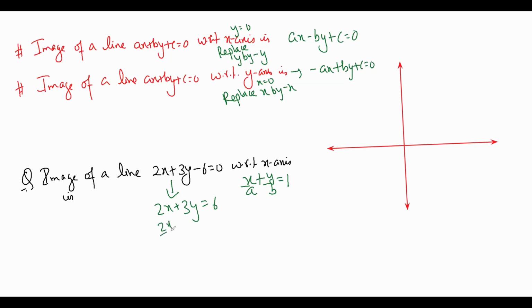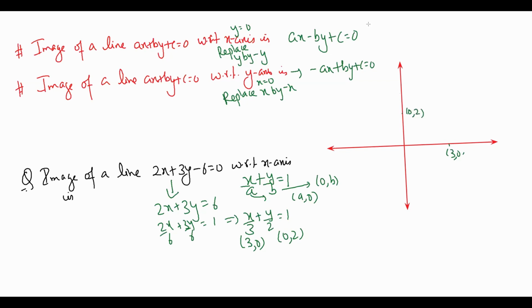That means divide by 6, and this comes out to be x by 3 plus y by 2. This is the x intercept, that means a point on the x-axis (a, 0). This is the y intercept, that is (0, b). So from here my point comes out to be (3, 0), and from here my point comes out to be (0, 2). When I draw this, (3, 0) is somewhere here and (0, 2) is somewhere here, and when I draw, this is my line.